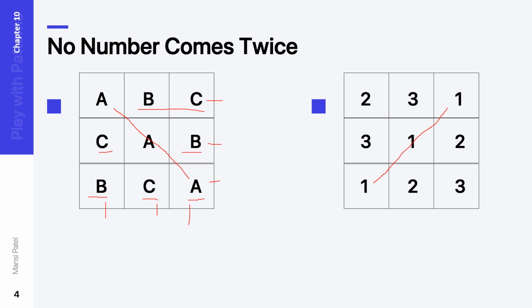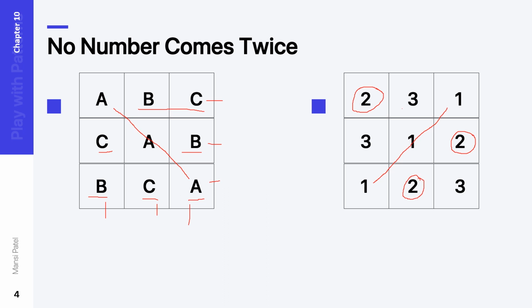Now, number 2 is there. So you have to arrange 2 in such a way that in each row 2 comes one time only. So the first one is occupied. Now the second one is in the second row and the third one is in the second column.